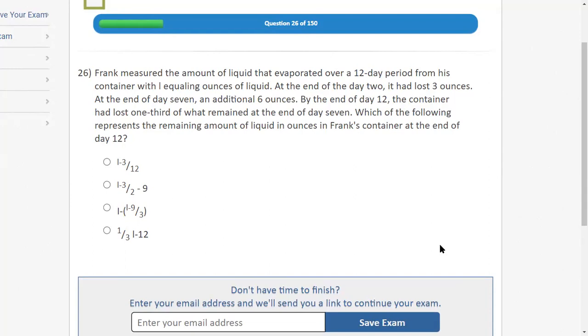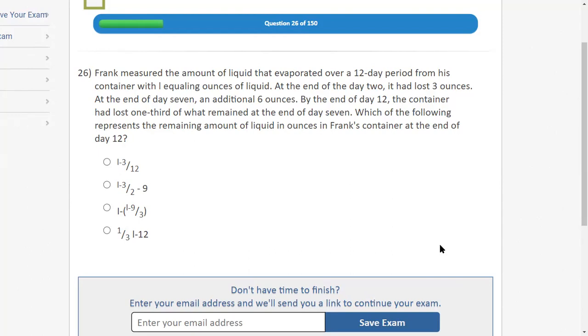Okay, so it lost at the end of day two 3 ounces. At the end of day seven, an additional 6 ounces. Okay, so that's 9.